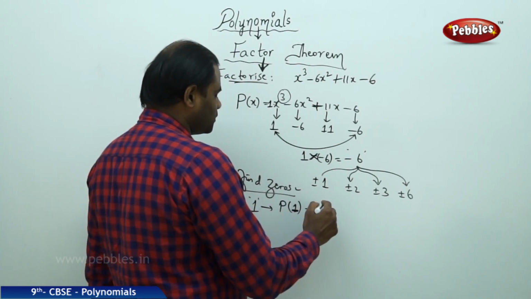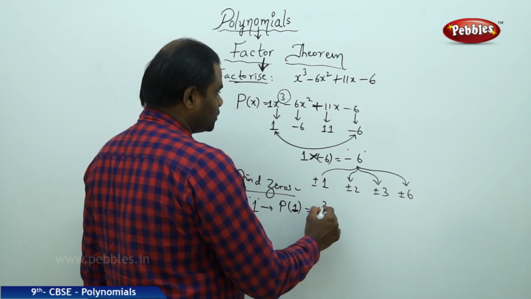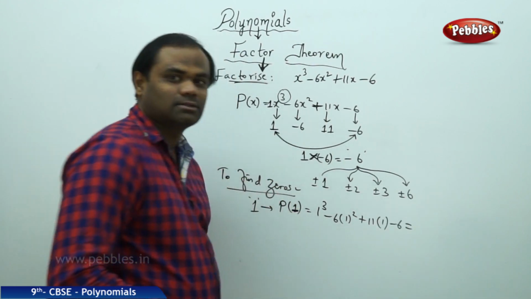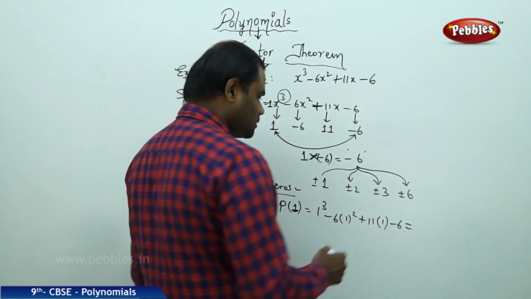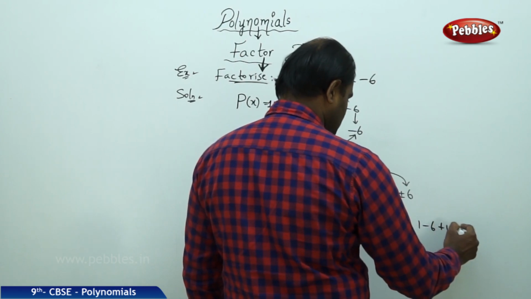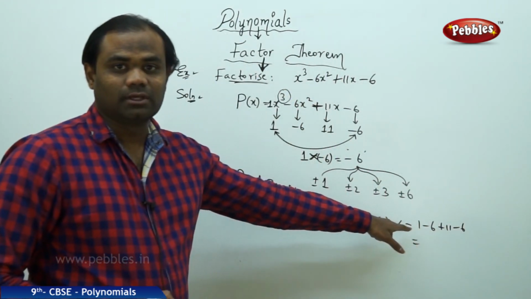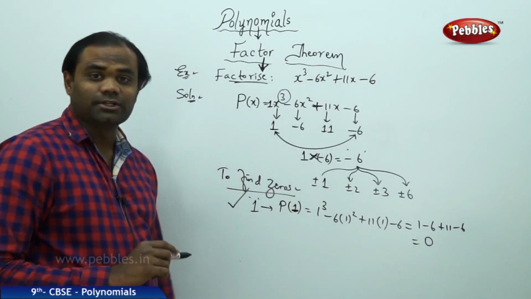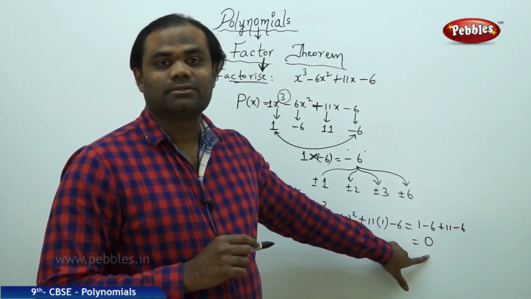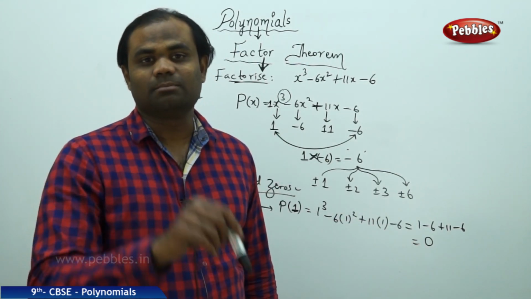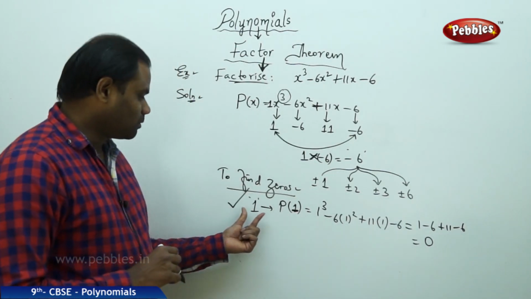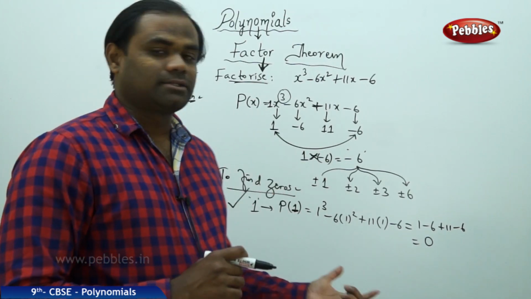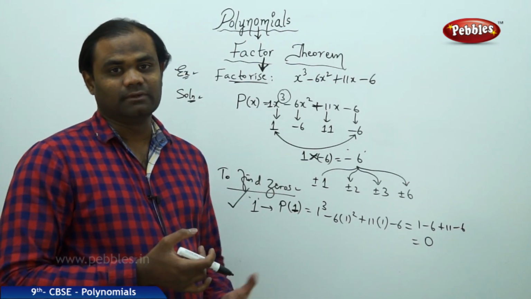When 1 is substituted, I get 1 cubed minus 6 times 1 squared plus 11 times 1 minus 6, which on further simplification gives 1 minus 6 plus 11 minus 6, which gives me 12 minus 12, which is 0. Therefore, 1 is a zero of the polynomial because it gives the value 0 when substituted in the polynomial. So one of the zeros identified here is x equal to 1. Next, let's see how we can proceed further with this.